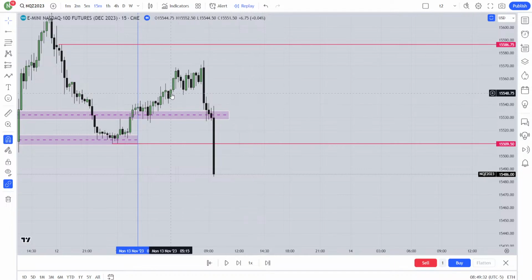See, it doesn't have a wick on both sides. Until here we got the sloppiness, then it stopped giving you sloppy price action. So you are getting sure that maybe the market is going to be okay again. But look here. Every single candle has a wick on both sides. This is the sign of your sloppiness.